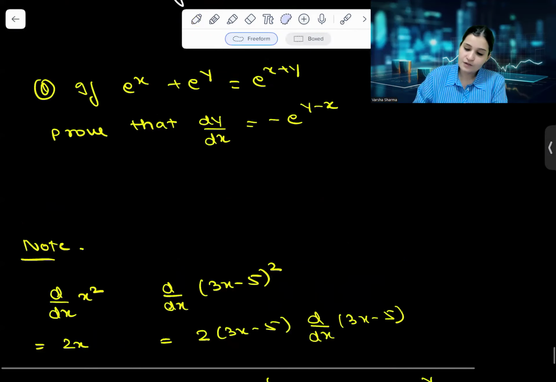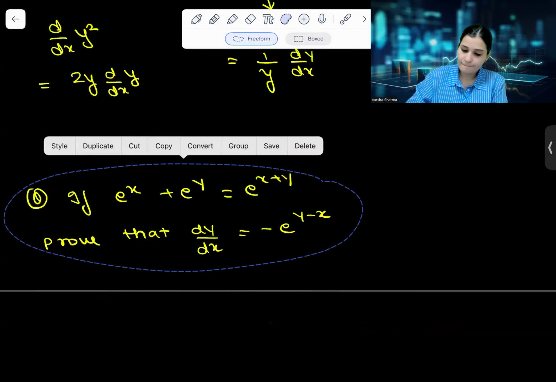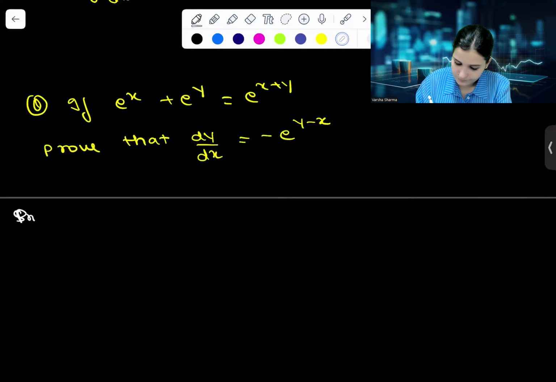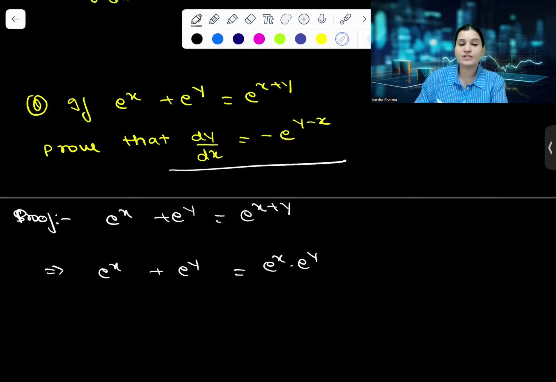Yes, ma'am. So now in order to do this, e^x plus e^y. What we can do is, it's easier if I do this way. Can I not separate this? Because if you look at the proof, there is no such term here. I'll show you both two ways.